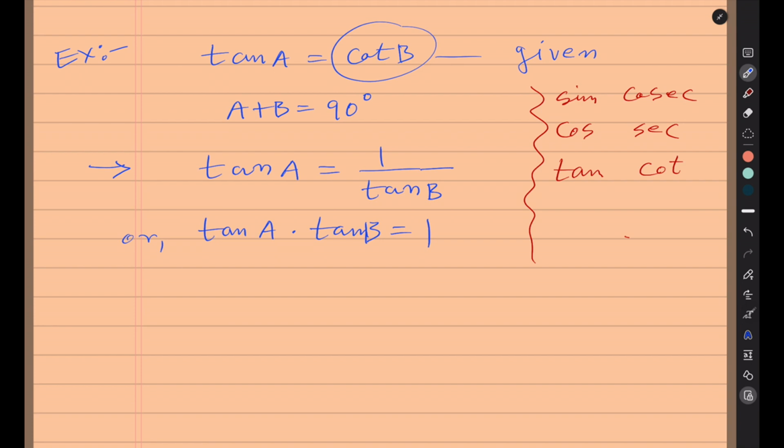Can we write that? Okay, so now we have found that tan A and tan B, when multiplied together, give us 1. That is given. And we need to prove that if this happens, then angle A plus B is equal to 90 degree.